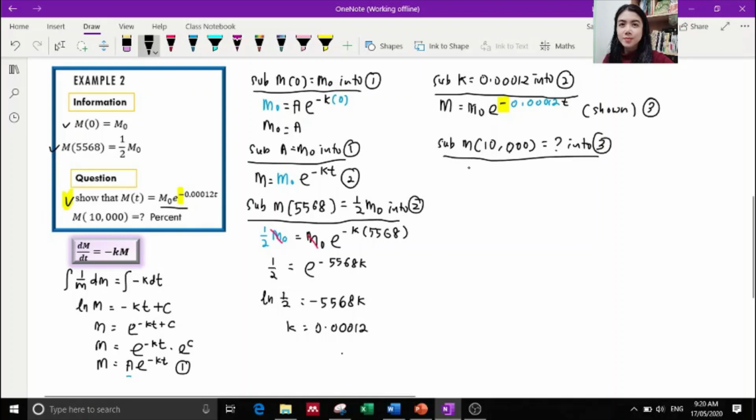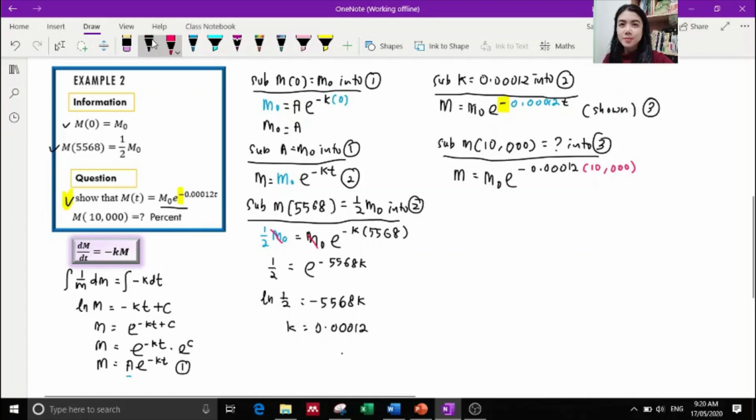Okay, so let's substitute. So we have m equals to m naught e to the power of negative 0.00012, multiply with the time. The time here is actually 10,000.